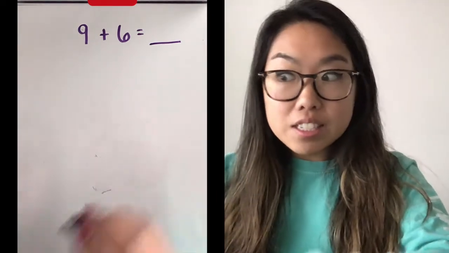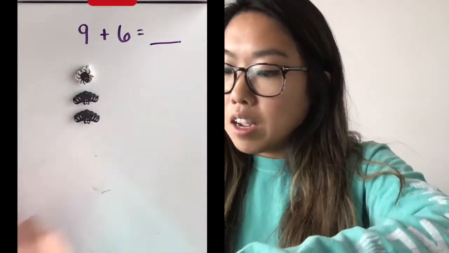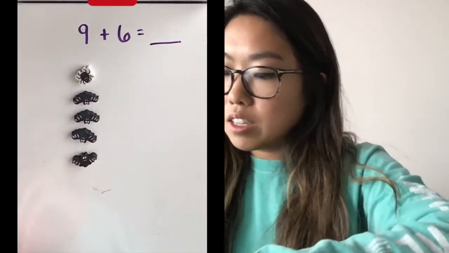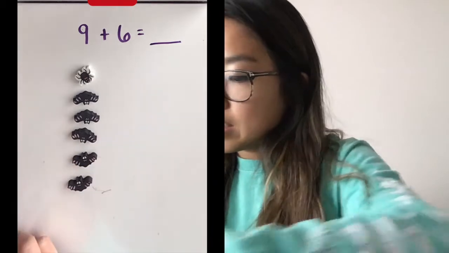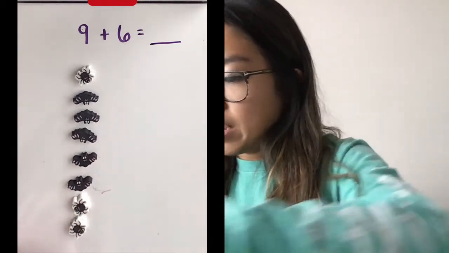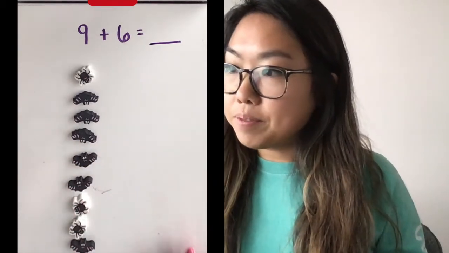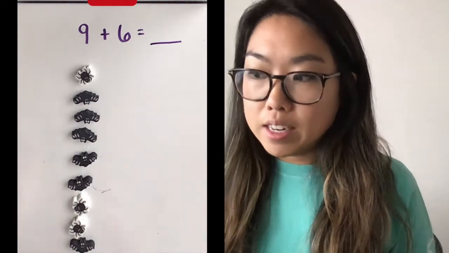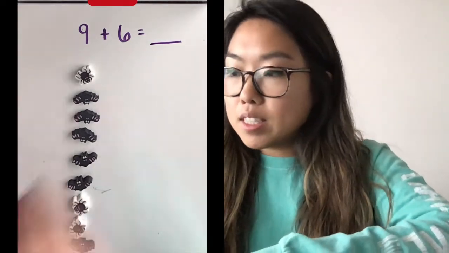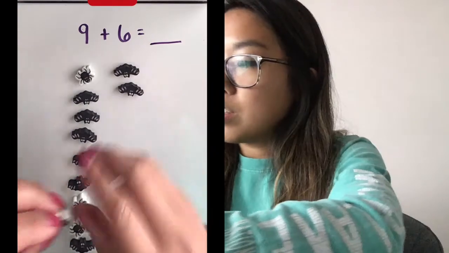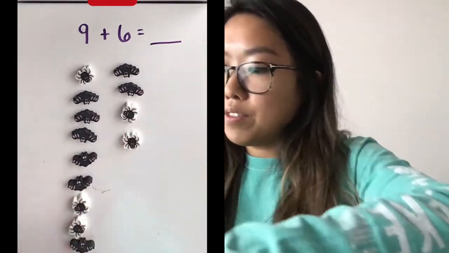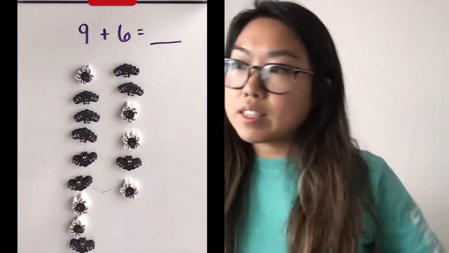The first thing I need to do is count out 9 of our materials. So I have 5, 6, 7, 8, and 9. Now, because I have 9 here, I'm going to make my 6: 1, 2, 3, 4, 5, 6.